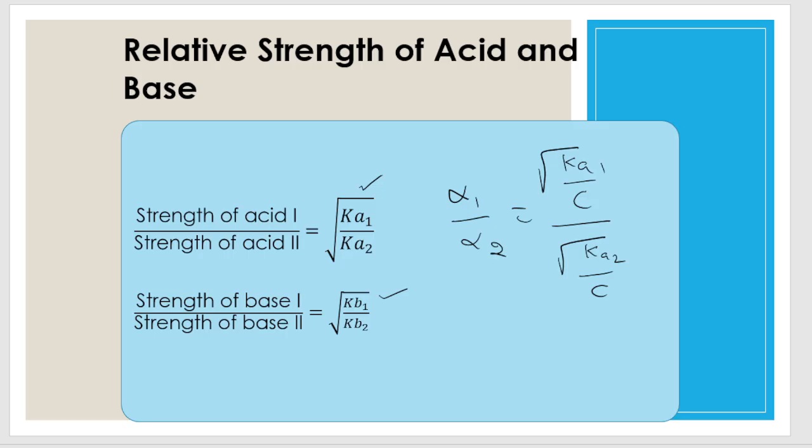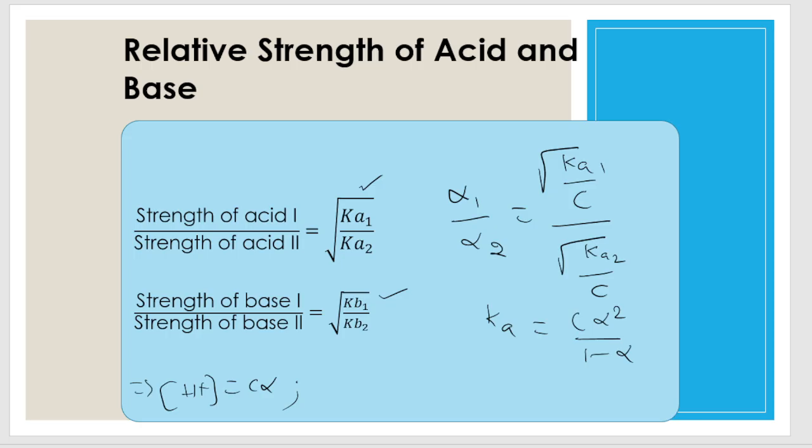And do you remember the expression for Ka here? The expression for Ka is C alpha square by 1 minus alpha, right? And from this expression, we derived a lot of formulae, like H plus ion concentration is equal to C alpha, in part 1 and part 2.